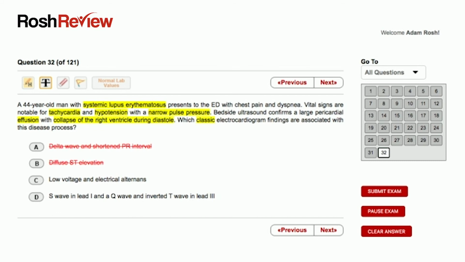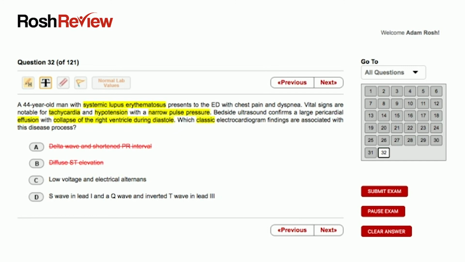But let's go back to our lead-in, which states which classic ECG finding is associated with this disease process. So this is where a good test taker says, I'm going to answer the question that they're asking. Answer choice D, S1, Q3, T3, is associated with right heart strain, more so classically with pulmonary embolism.